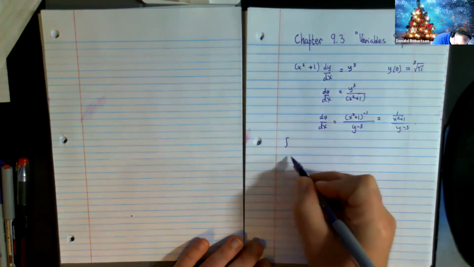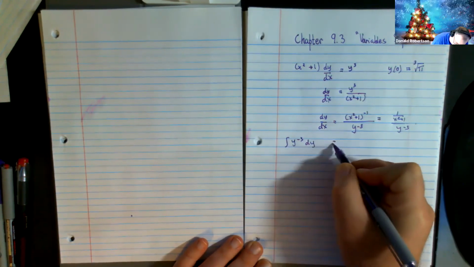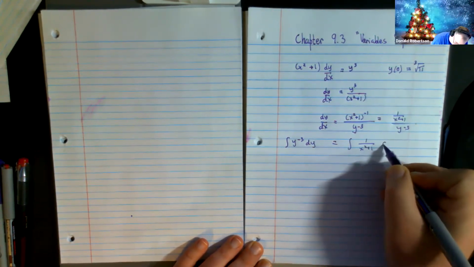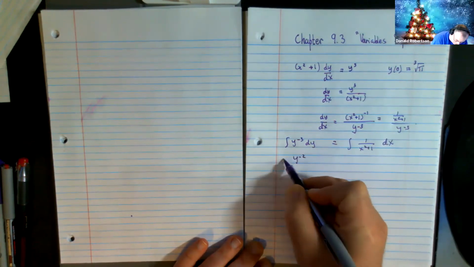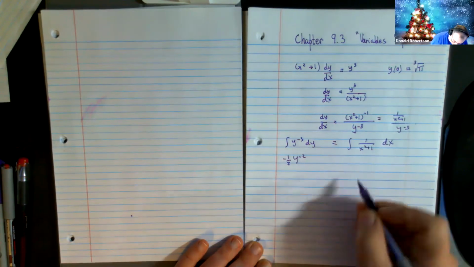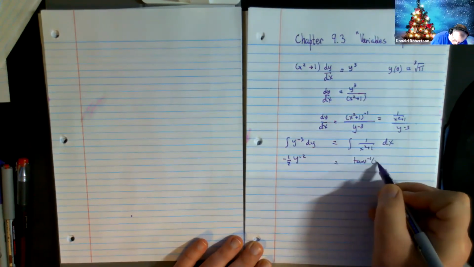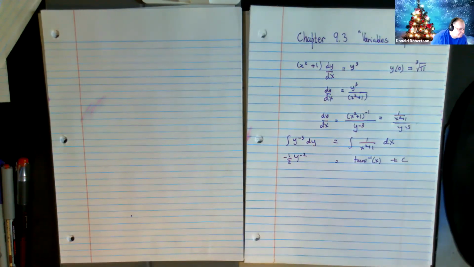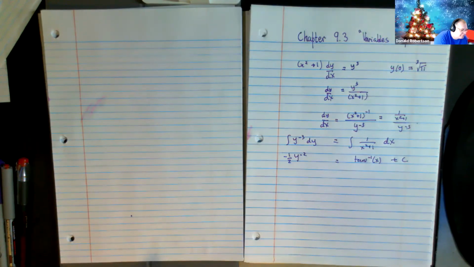So y to the -3 dy. Add 1 to the power, divide by the new power, and the other side is inverse tan. We're all happy about the antiderivatives, power rule on the left, and we just have a good memory for the second one.